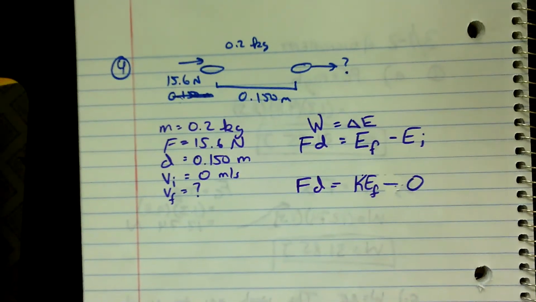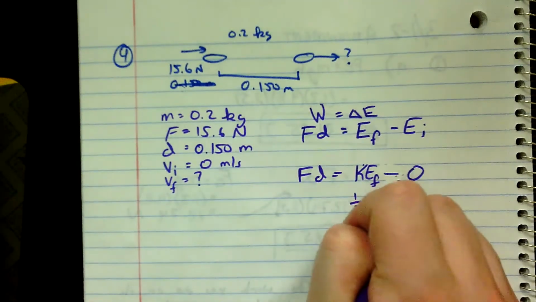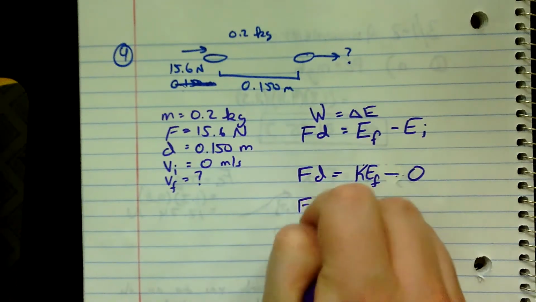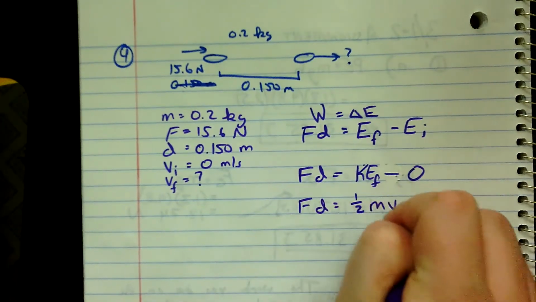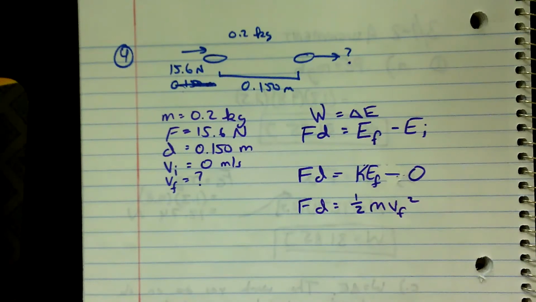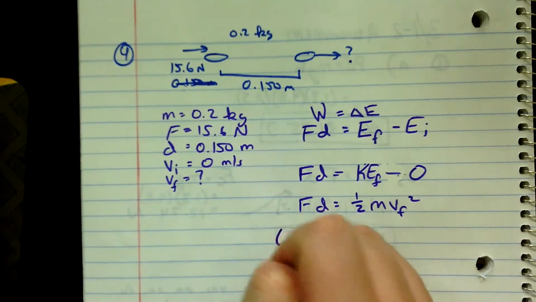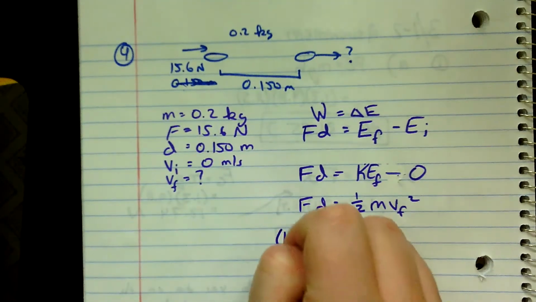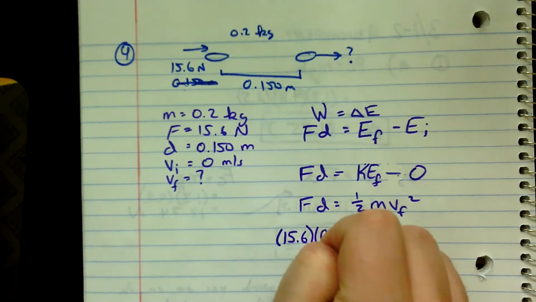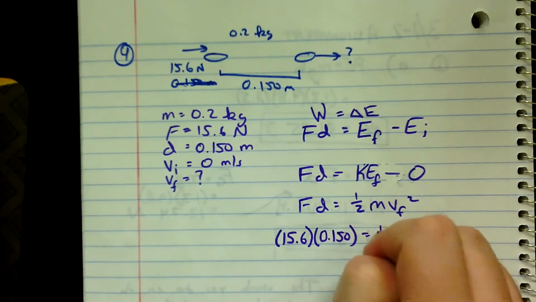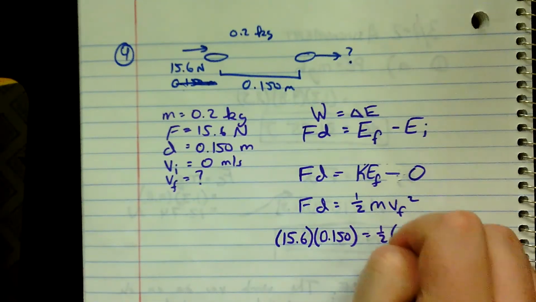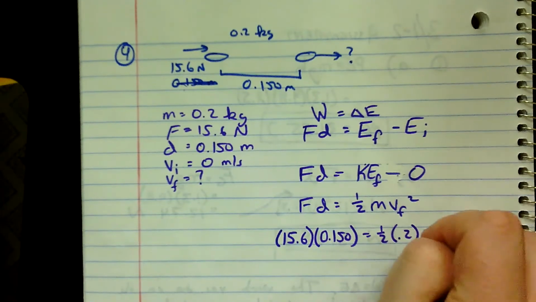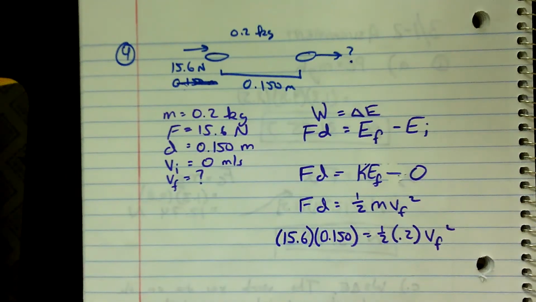Force times distance equals KEF minus 0, or force times distance equals 1/2 mvf squared. And then I can plug into that. That's what you're going to try and solve here.